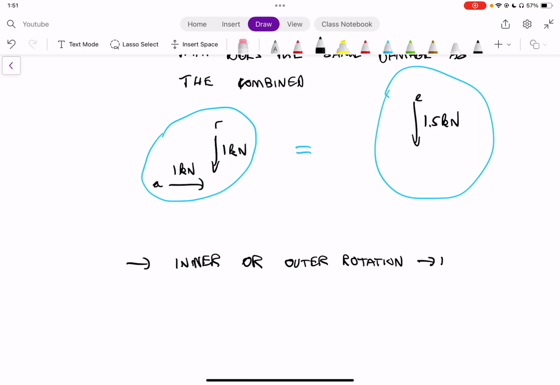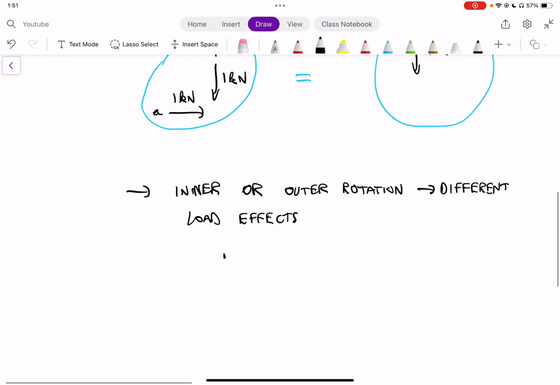So we're going to have different load effects, which we'll explain through an example problem later on in the session. And these load effects are going to be determined by a term called V. So V is going to be equal to 1, and I'll put 1.0 just so that we don't get confused as V is equal to something else.